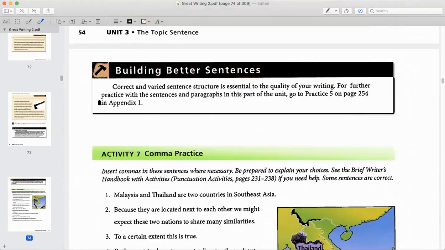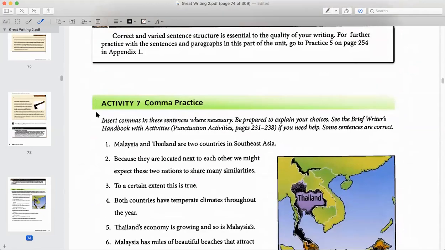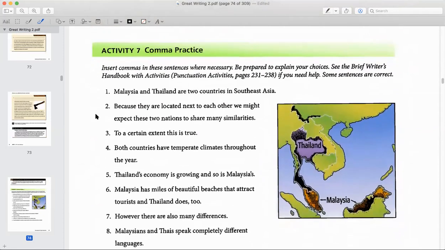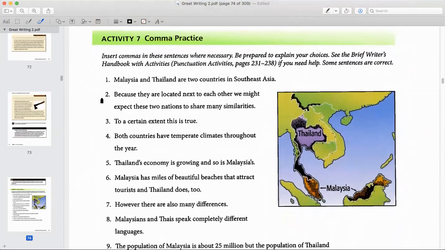We're going to do a little bit of comma practice. So this is a comma practice activity. Some of the sentences here are correct, but some are wrong and they're missing a comma. If you need more help with commas, in the back of this book on pages 231 to 238, there are more activities.